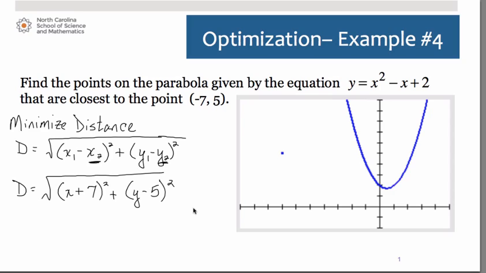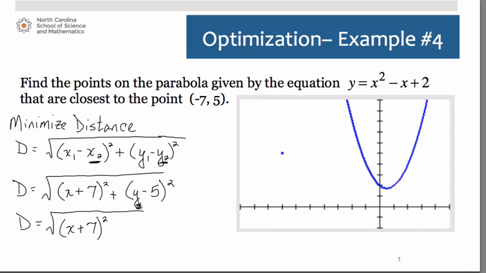Now we have an equation that we want to minimize, but still we have the problem that it's in terms of two variables. We do need to eliminate one of these variables, and the way in which we can do that is to make use of the equation we were given, the y equals x squared minus x plus 2. We're going to substitute that in place of our y right here, and then we'll be able to simplify it down to one variable.